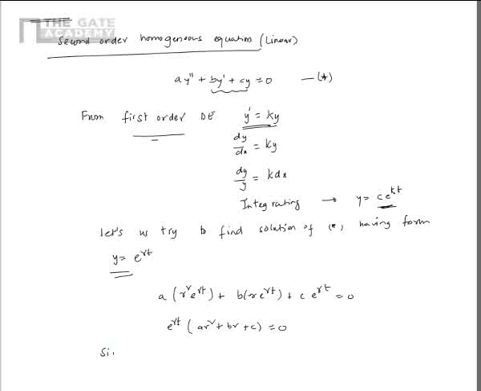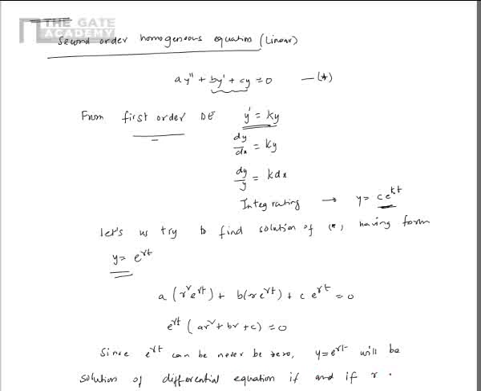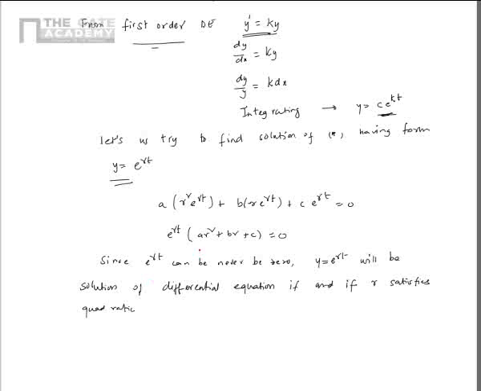Now from this I can say that since e^(rt) can never be 0, y equal to e^(rt) will be a solution of the differential equation if and only if r satisfies the quadratic auxiliary equation. So this is called your quadratic auxiliary equation.